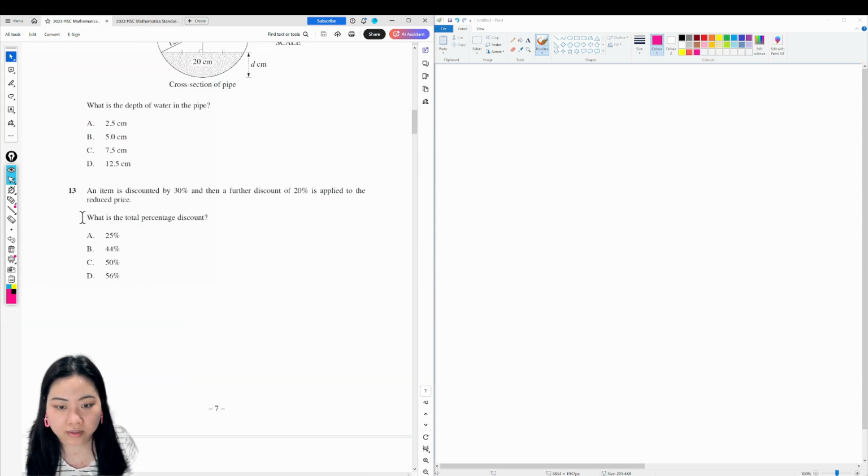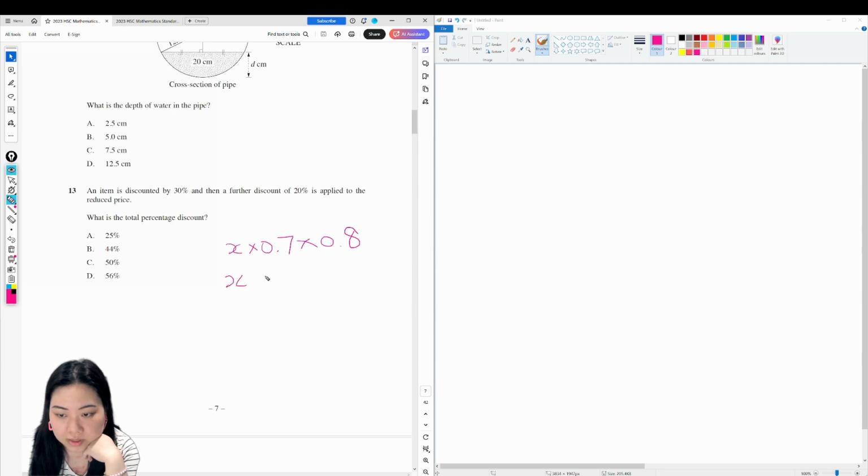Question 13. An item is discounted by 30% and then a further discount of 20% is applied to the reduced price. What is the total percentage discount? So a price was discounted by 30%, and then that is discounted again by a further 20%.